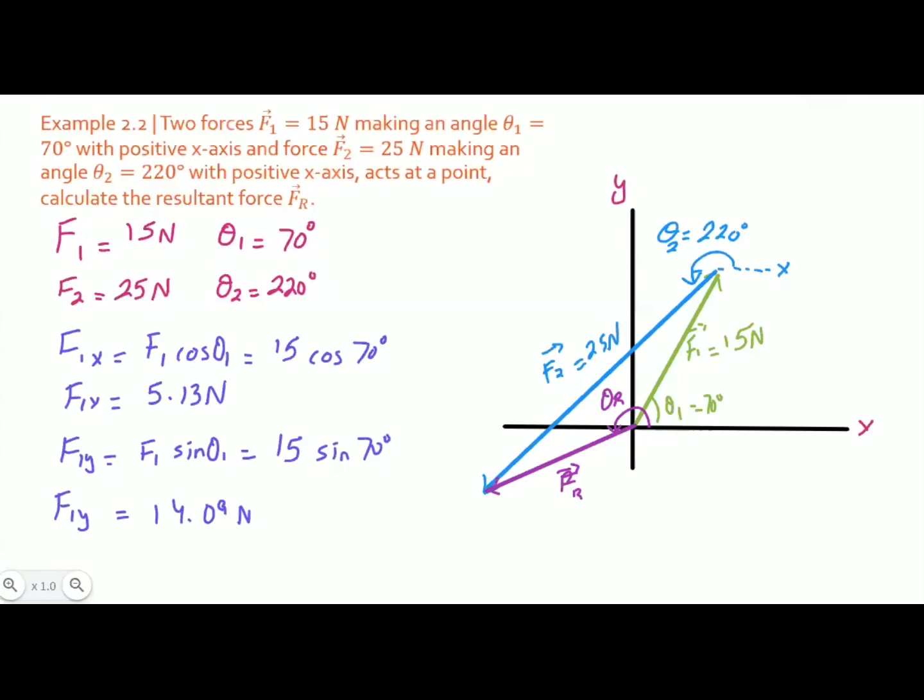Now we will find out the x and y components of the vector F2. So for that, F2x will be equal to F2 cos of theta 2, while F2 is 25 and theta 2 is 220 degree.